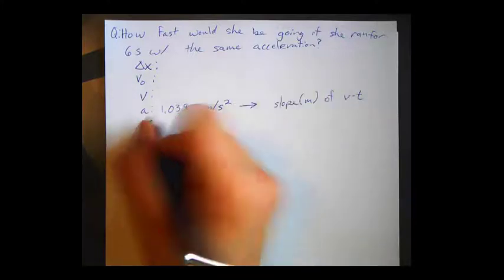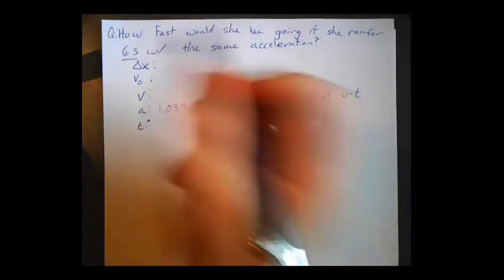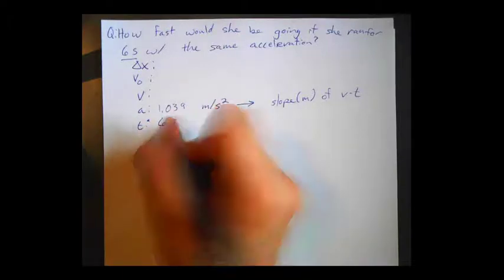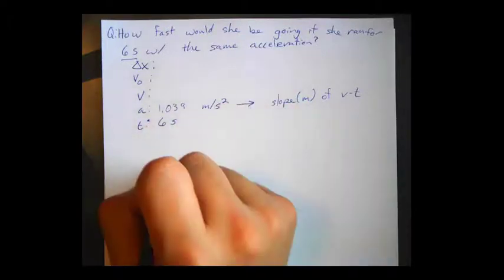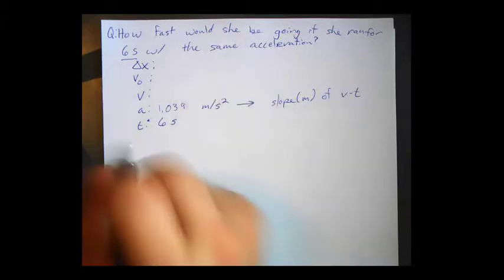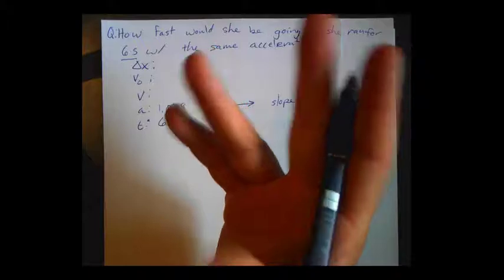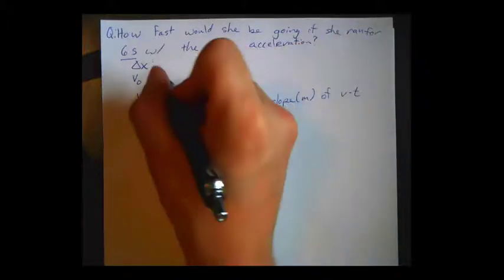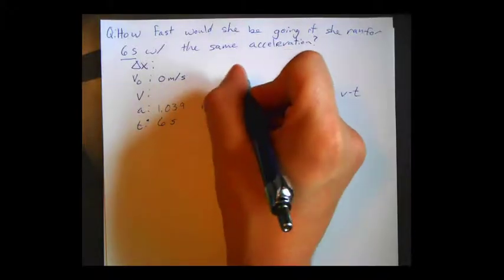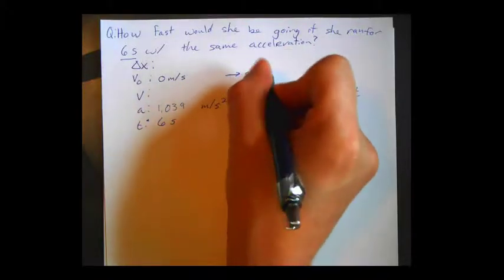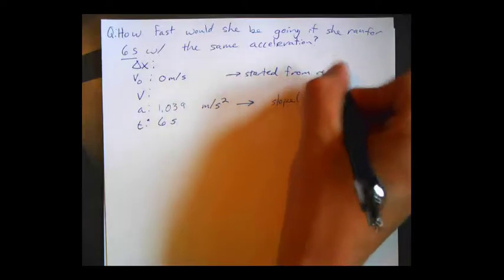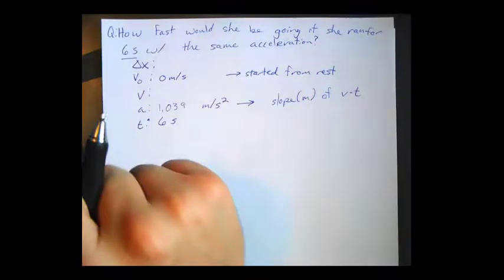We know 6 seconds because it's given in the problem. And we actually know one other thing. You saw her. Oftentimes it's stated she started from rest. So we know her initial velocity is 0 meters per second.